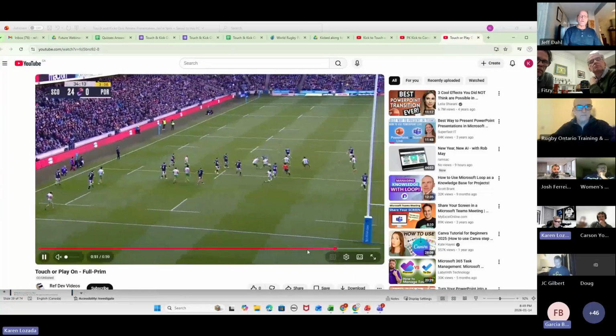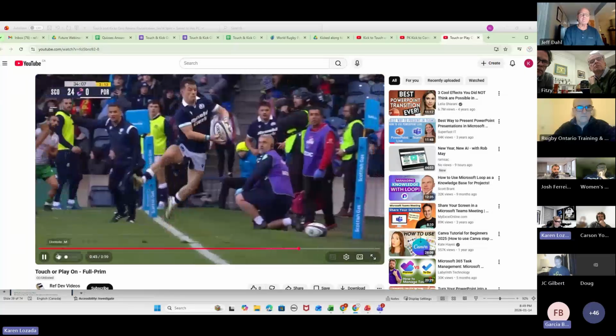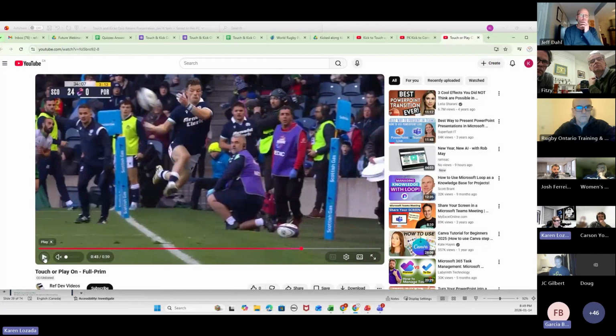So he's coming clearly from inside the field to outside. He doesn't touch the in-goal, the touch area. Yeah, so that's clearly a play on ball.